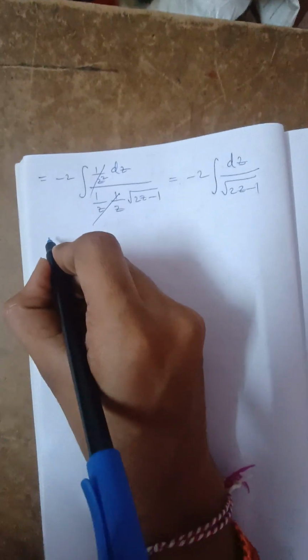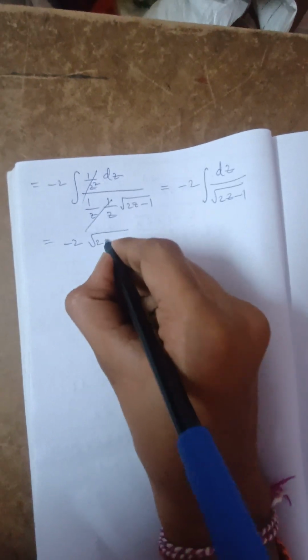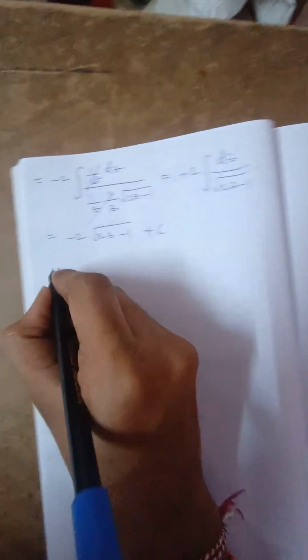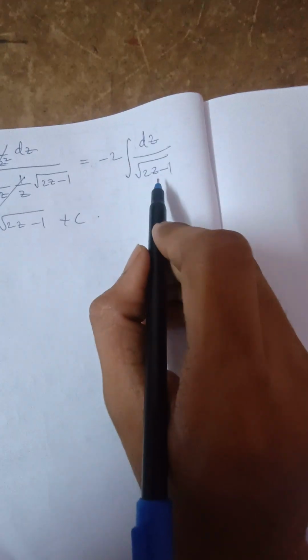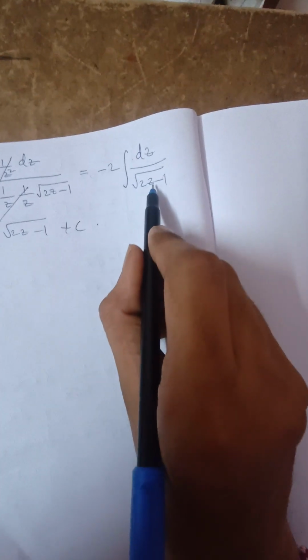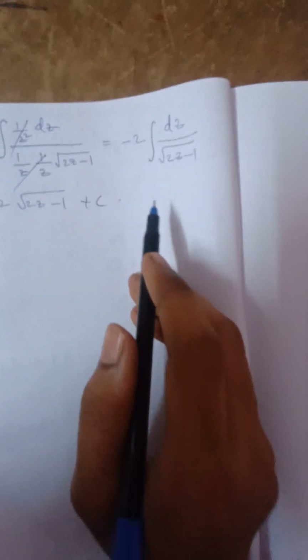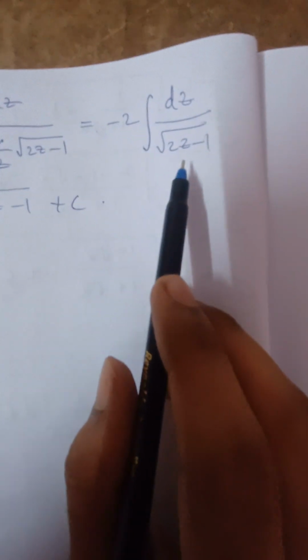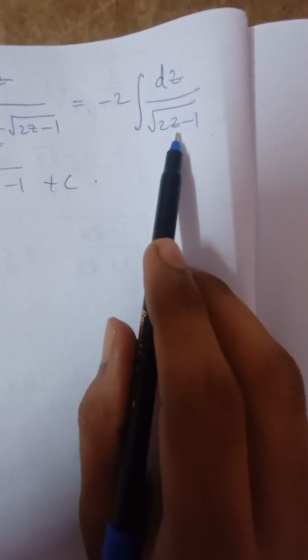So now we can write this as minus 2 root 2z minus 1 plus c, because, same like previously, inside the square root we can take some m square and we can solve. Otherwise, directly we understand that as under the square root the polynomial is linear, we can use the standard integral formula.